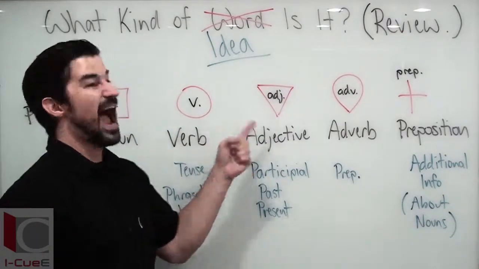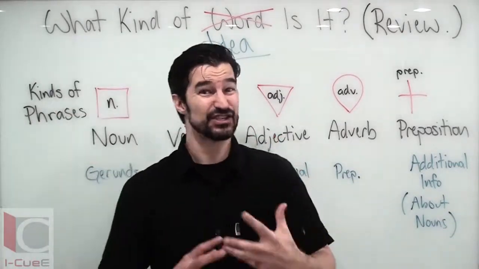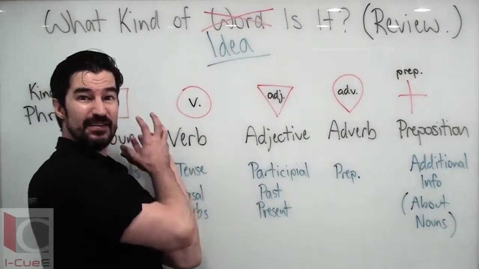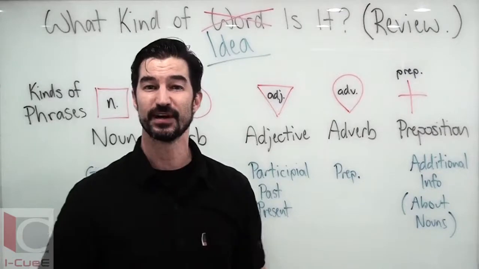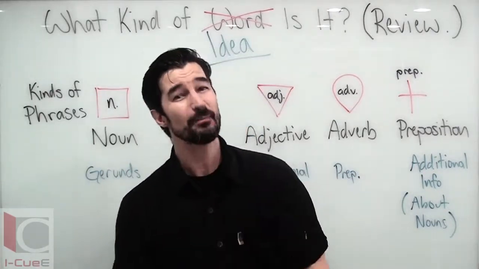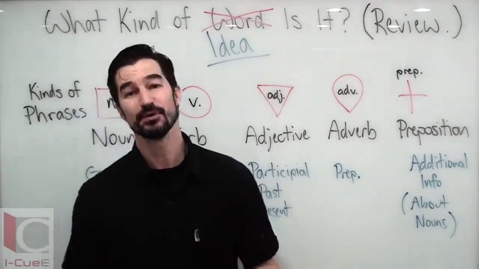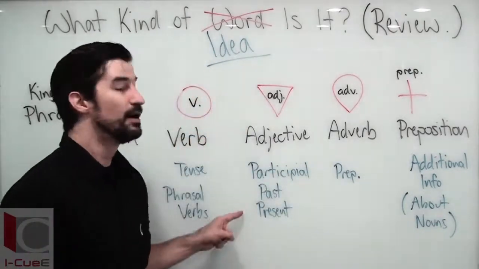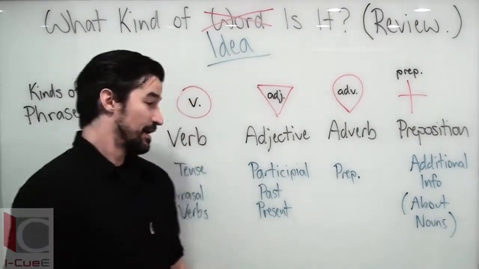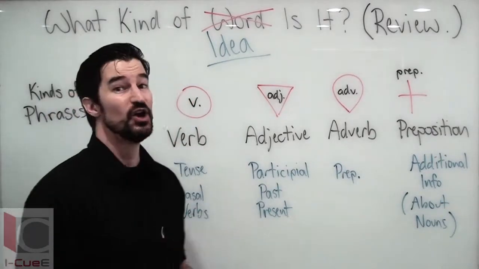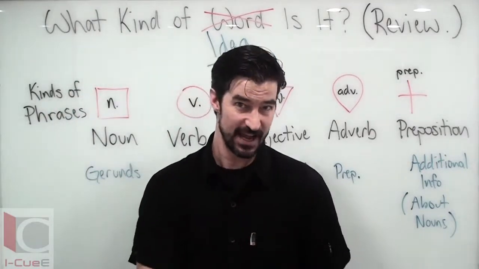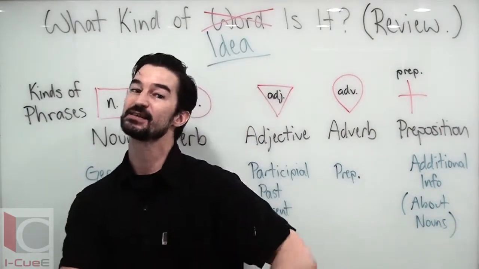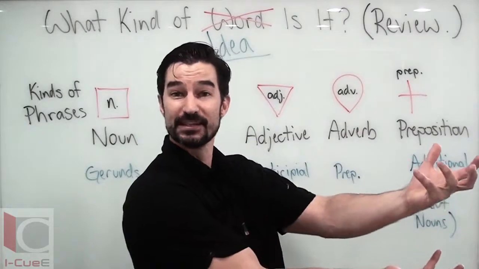Then we could have adjective phrases. Again, this could just be groups of words to create one description of a noun. You'll come across different adjective phrases, but probably the most common are going to be your participial phrases. And remember that you can have two kinds of participles. You can have past participles, which are really easy to identify if the verb is regular, because in the simple past tense it ends in ed and the participle is the same.